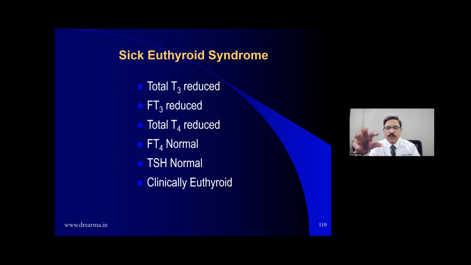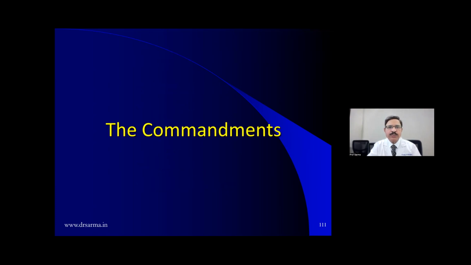That means at the moment he is not hypothyroid, but the total hormones secreted into the blood are less. In such a scenario, if you measure the total hormones, you will see the reduction in total T3, total T4, and FT3 also.